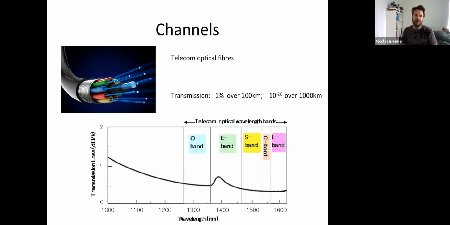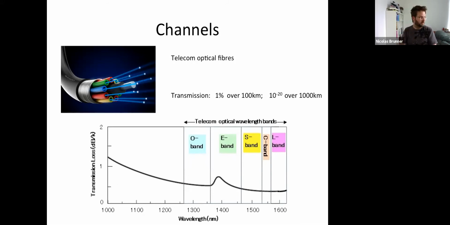And moreover, there are other challenges that we will come back to later, but somehow the most adequate and simplest solution is to use optical fibers. So optical fibers are just sort of two cylinders of silicon, right? So you have a core and another one that is a bit bigger around.